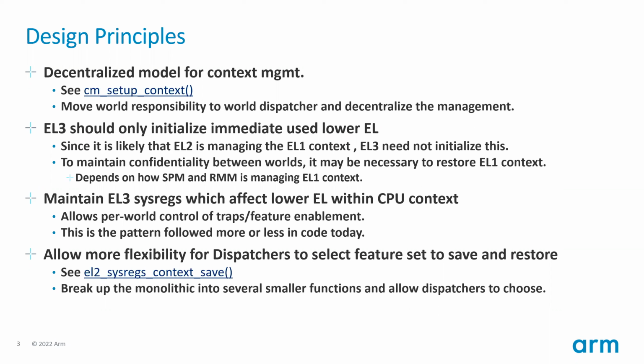Correct. So I would think PAuth is a feature that needs to be enabled for all the worlds, and if EL2 doesn't want to use it, it's a choice left to EL2 for that particular world to make use of it or not. So in this case, you just control it using one build flag and then enable PAuth for all the worlds involved from EL3. Disable the trap for PAuth if there is such a trap.